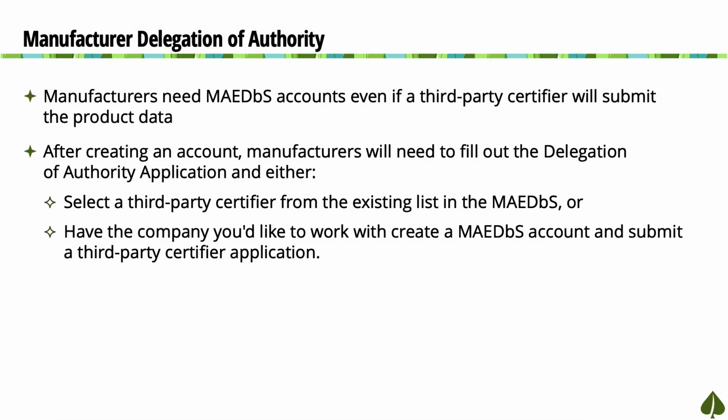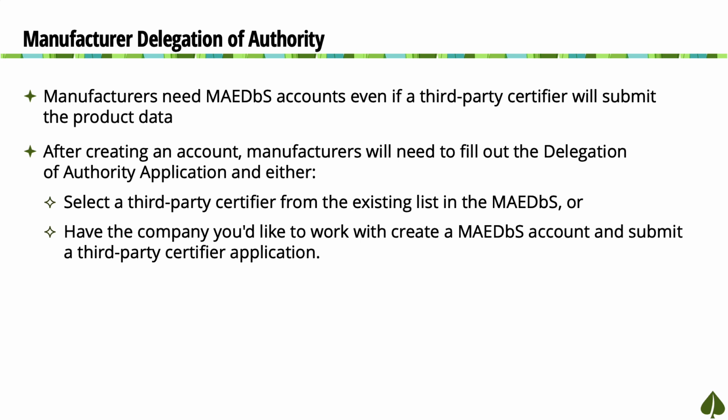If you are a manufacturer and would like to have a third-party certifier submit product data on your behalf, you first will need to create an account on the MAEDbS as a manufacturer. Once your account is created, you will need to fill out the Delegation of Authority Application and either select a third-party certifier from the list on the MAEDbS, or have the company you'd like to work with create a MAEDbS account and submit a third-party certifier application.